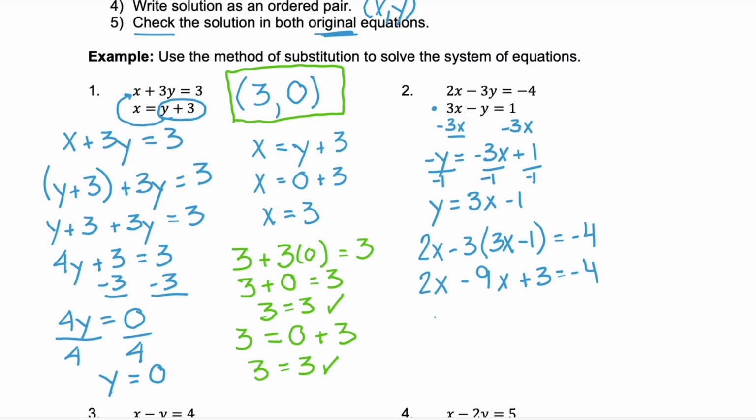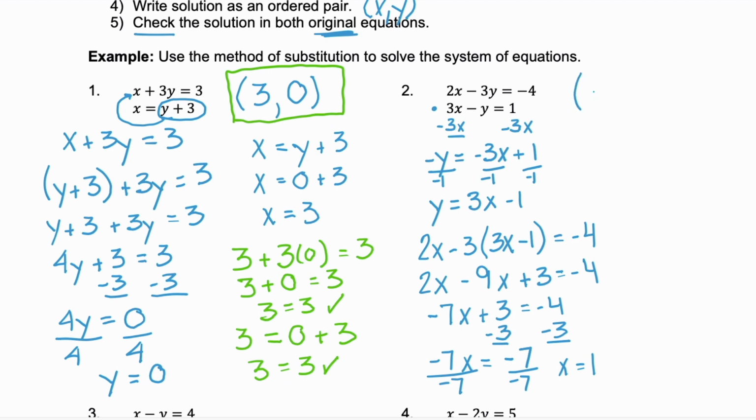Combine the like terms on the left to get negative 7x plus 3 equals negative 4. Now we need to isolate the x, so subtract 3 from both sides. So negative 7x equals negative 7. Divide by negative 7 to isolate x, and we find out that x equals 1.